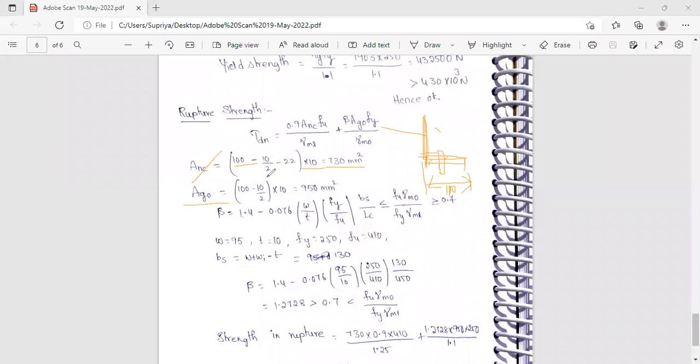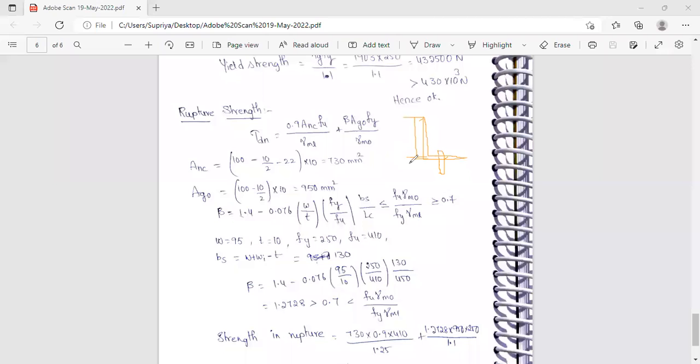And Ag0 is the gross area of the outstanding leg. So this is the outstanding leg. So up to the center only we have to consider while calculating the gross area also. So what will be this?